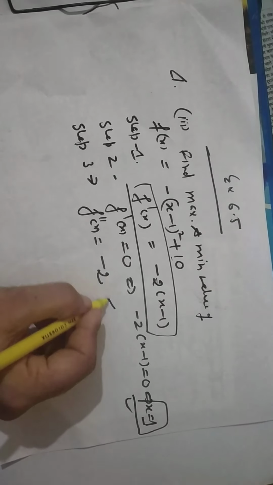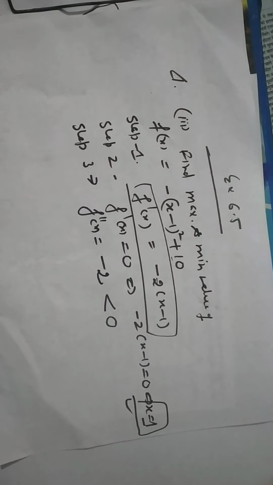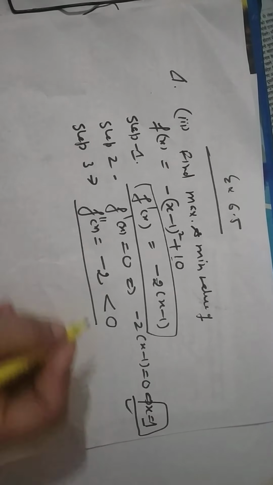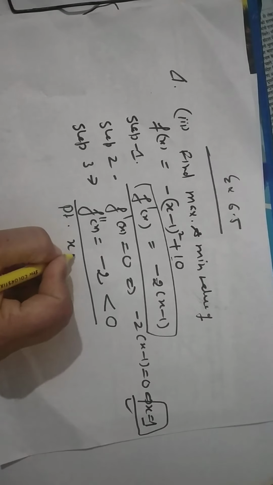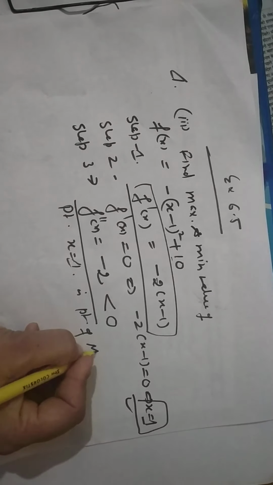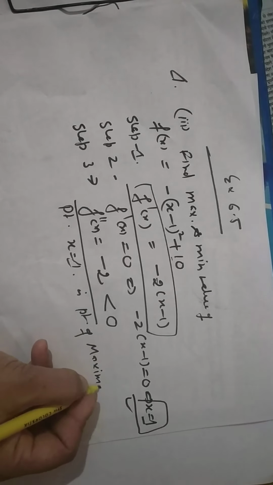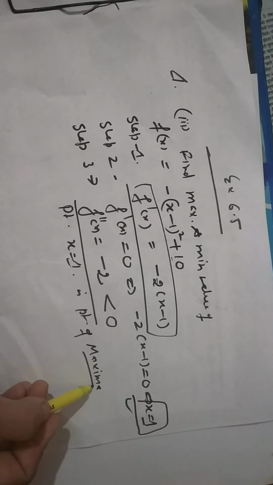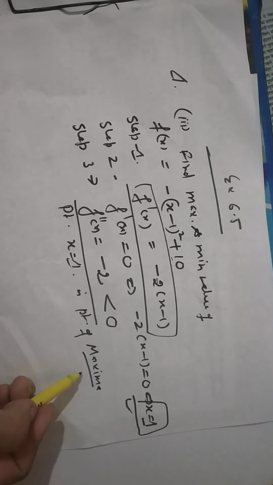So this is the value of the double derivative, which is negative. And when the double derivative is negative, the point x equal to 1 is a point of maxima. Always remember, if the double derivative is negative, then it is a point of maxima. If it is positive, then it is a point of minima.